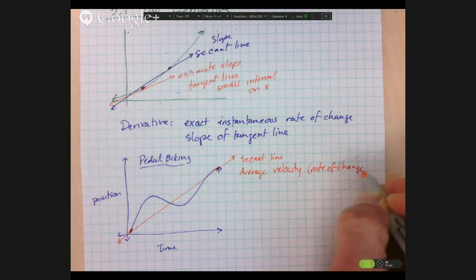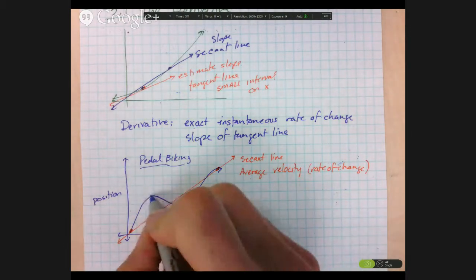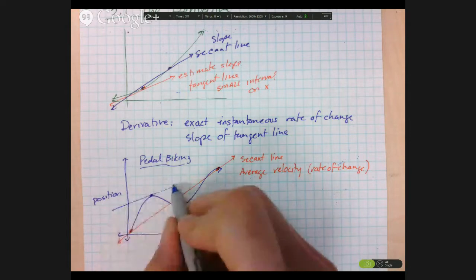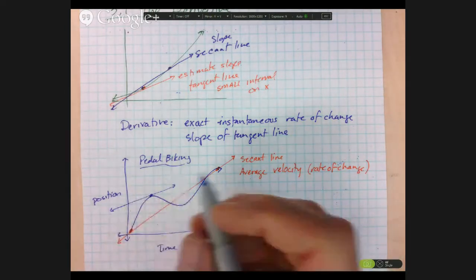So you have so many vocabulary words there: slope, velocity, rate of change. You're going to be able to use those interchangeably here. What about this? If I do a tangent line right here, what does that represent? The slope of that is like that.